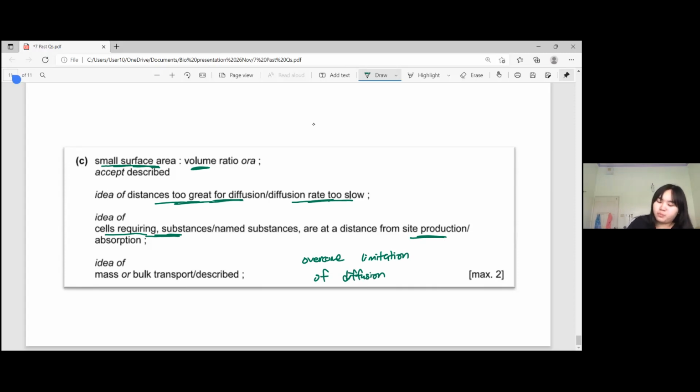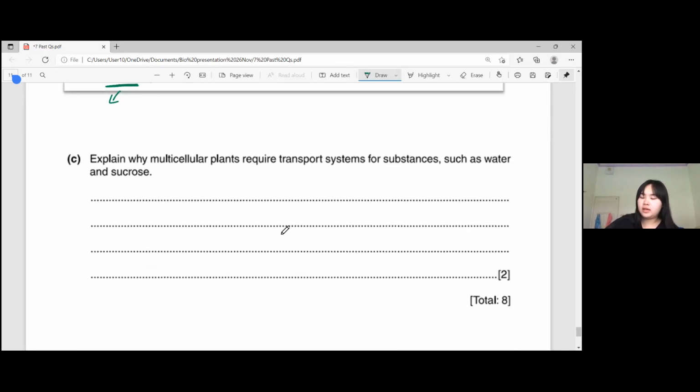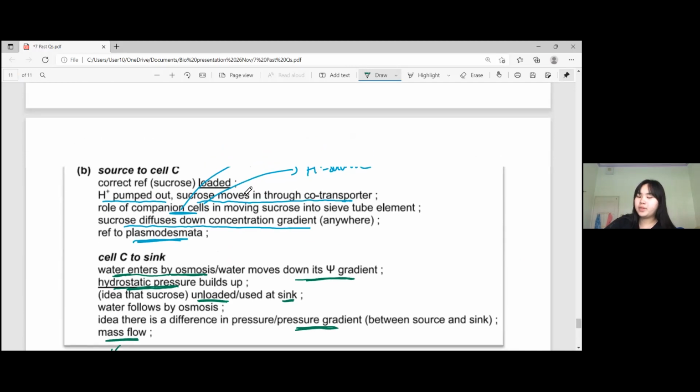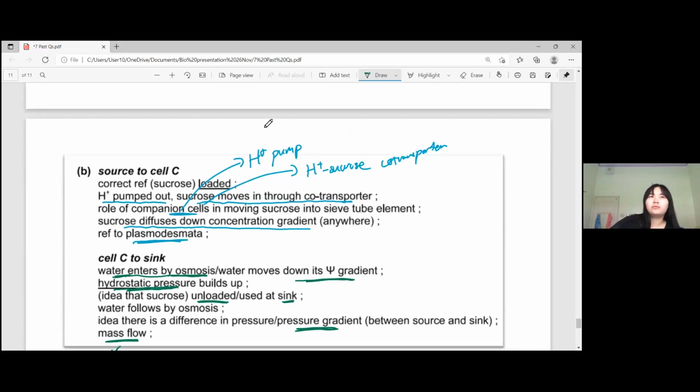Okay, so the idea of mass or bulk transport is the same as mass flow, when a large quantity of the same substances are being moved in one direction only. So here we answer the question. That's all for me, and I will pass it to Ying.